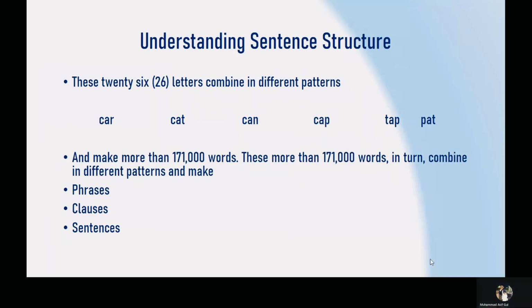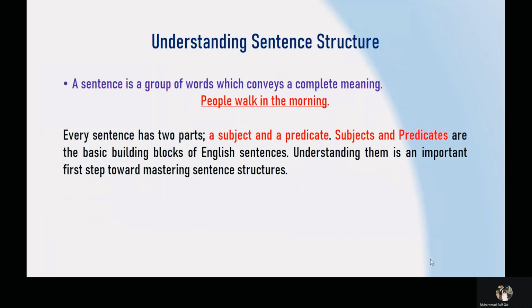Today we will restrict our discussion to sentences, and a sentence may be defined as a group of words which conveys a complete meaning, which conveys a complete message. As you can see, people walk in the morning.